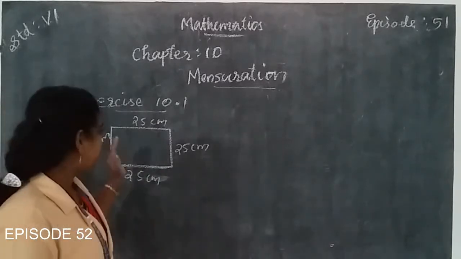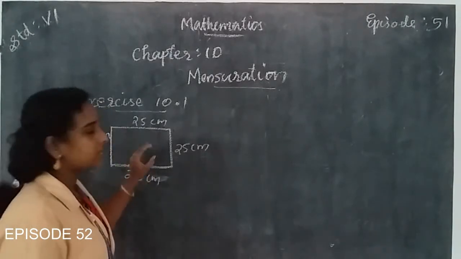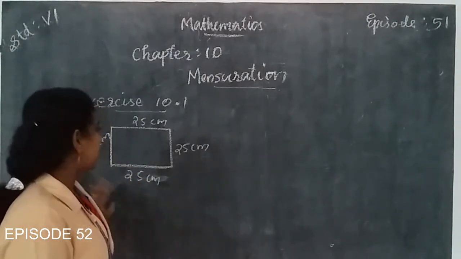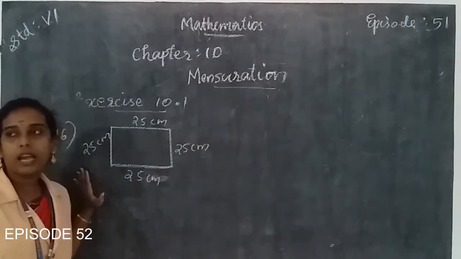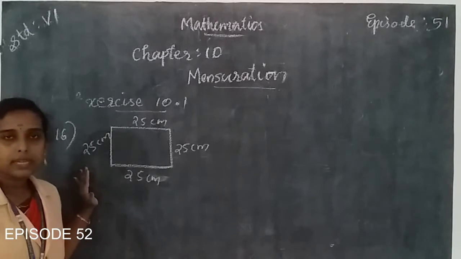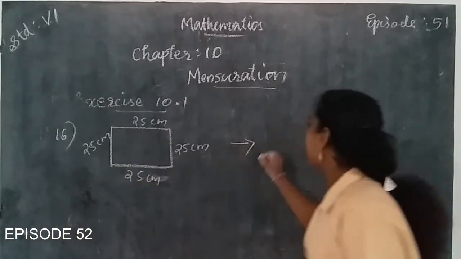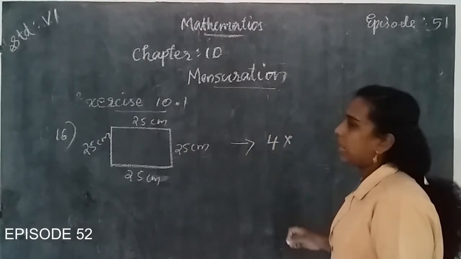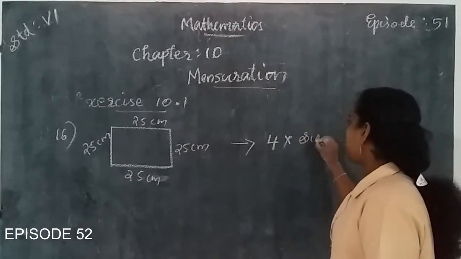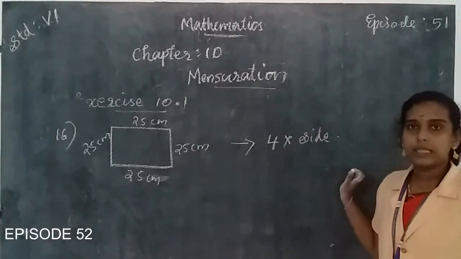Yes, the square is a regular shape. Regular shape means all the four sides are of equal length. To find the perimeter of a regular shape, the equation will be number of sides into length of each side. Here it says square, so the number of sides is 4 into length of one side. That is side. 4 into side is the equation to find the perimeter of the given square.